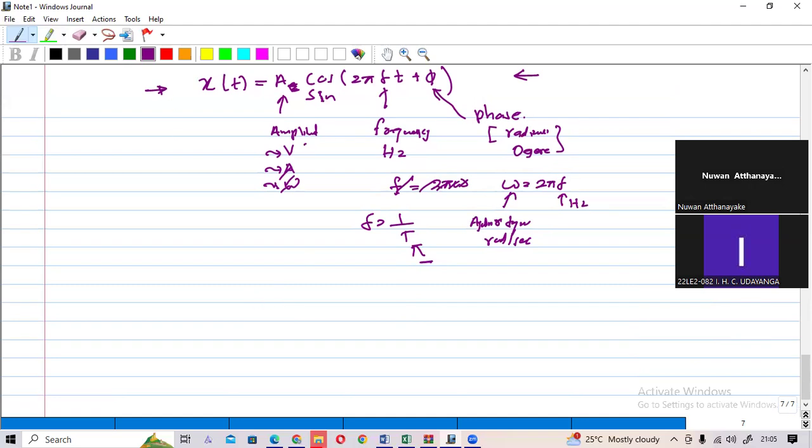Maybe in your exam, you will have to draw a simple waveform like this.